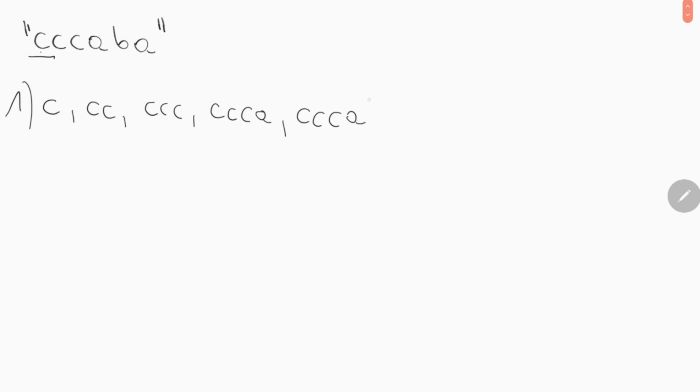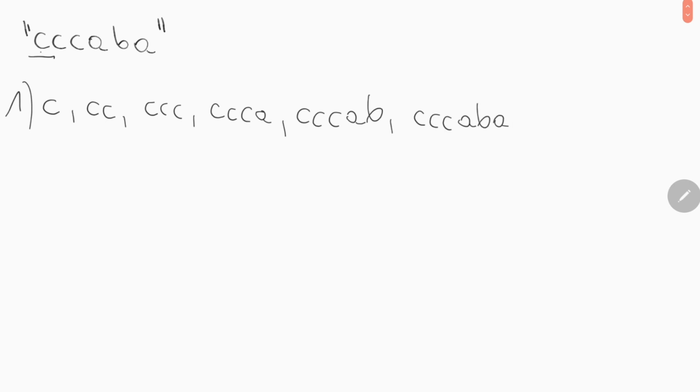The first idea which may come to your mind is to check all possible substrings of s. And that's exactly the brute force method. We start with the first character c, and in this step we check all substrings starting with c. So it will be c, cc, ccc, and so on.